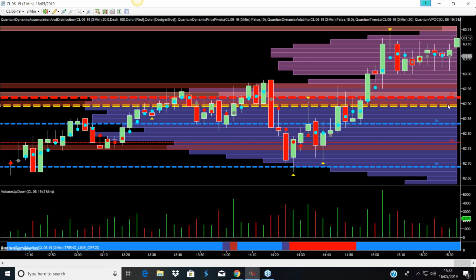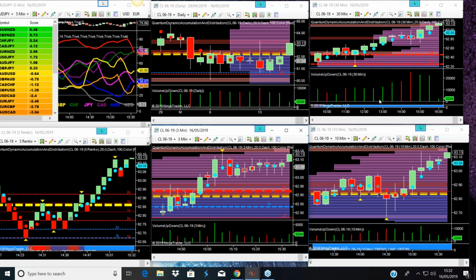We have added our own volume point of control because it's an enhanced version of the volume at price. I know we've got some other little indicators as well to help us. That's fine, but if you want to use volume at price, that's up to you, but then you have to manually try and remember where the point of control is on the chart.